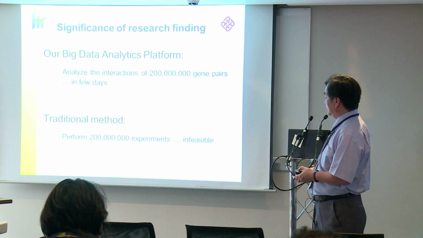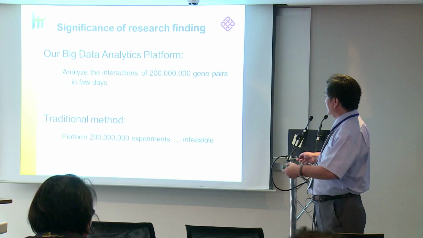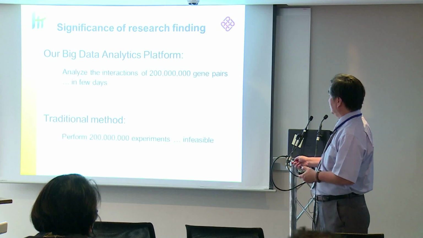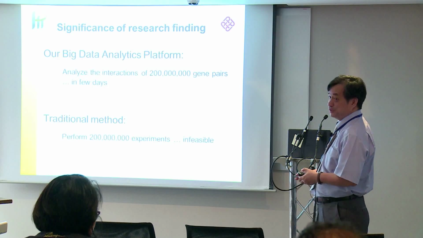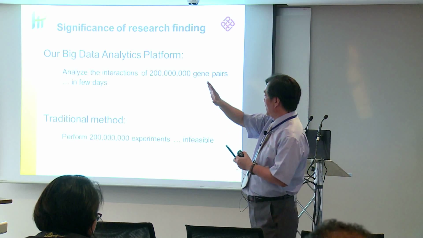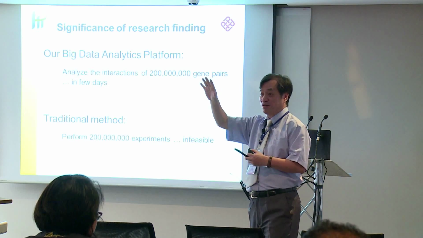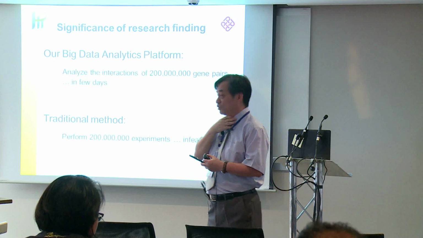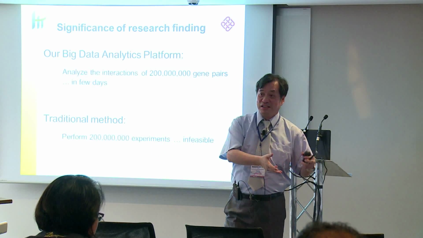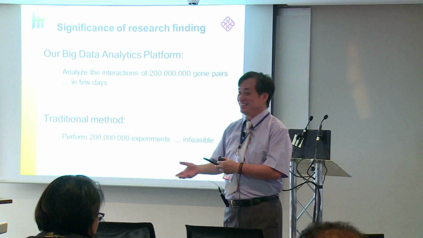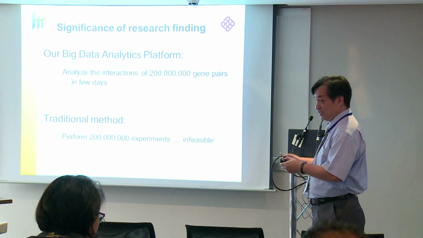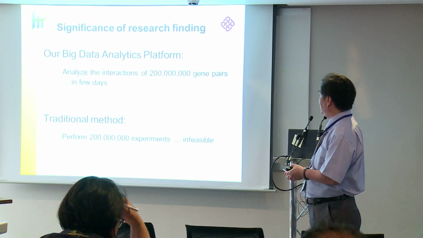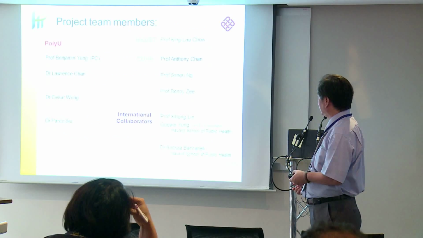With the traditional method, to understand 200 million gene interactions, we would have to do a lot of experiments. Remember, I showed 5 slides about B23 biochemistry. This has been done over 20 years with a lot of my students and postdocs. But using this platform, we try to understand in a much more efficient way.